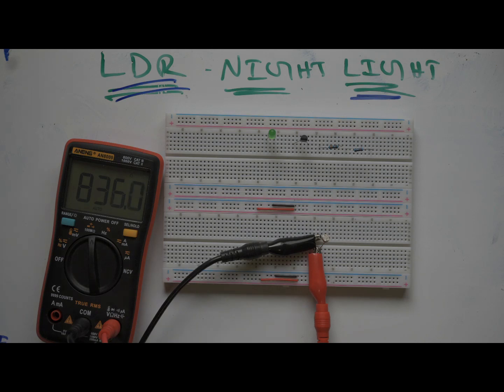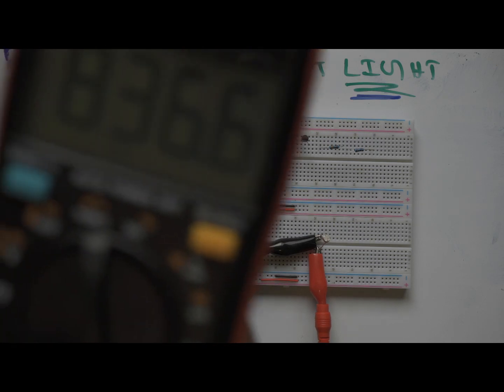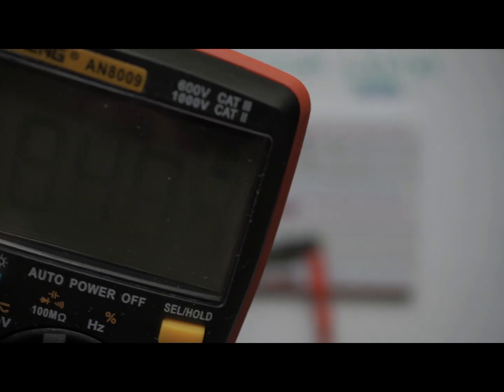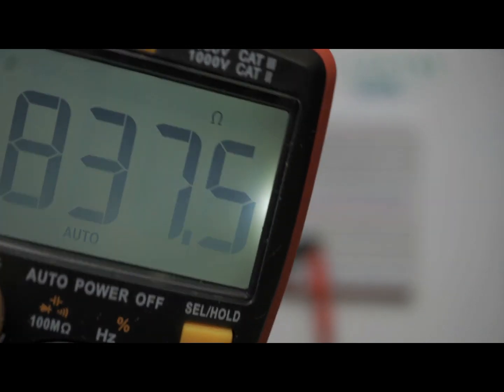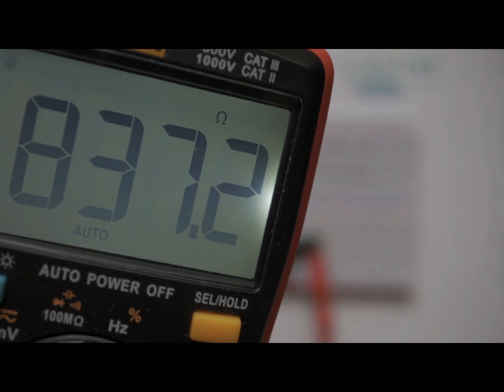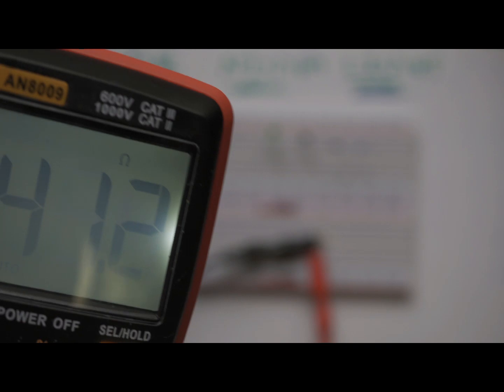It will be in the order of ohms. So if you can see, it's in the order of 837 ohms, and this is because today is cloudy and we don't have much ambient light.